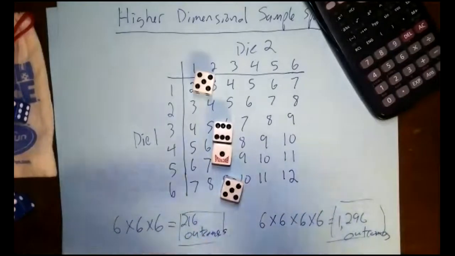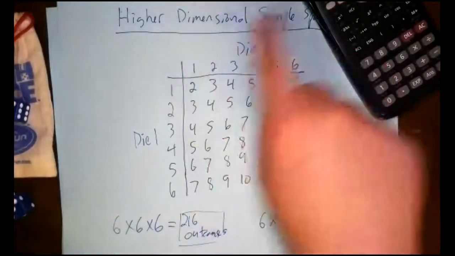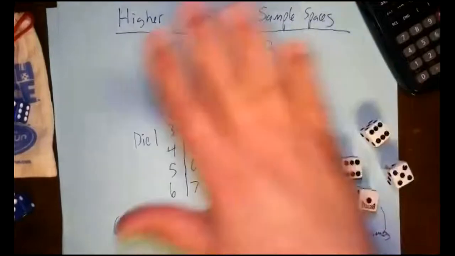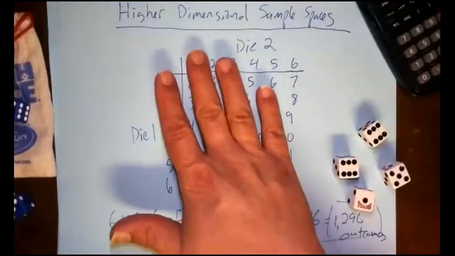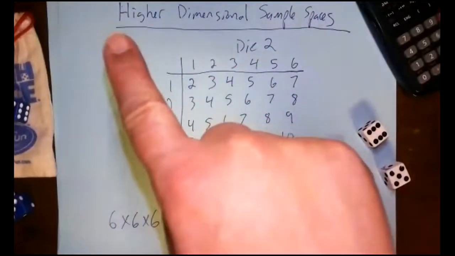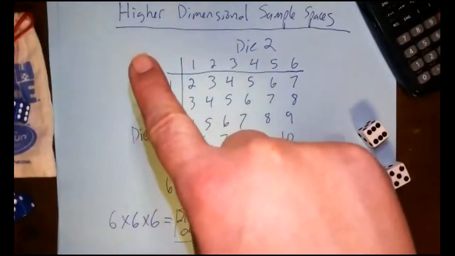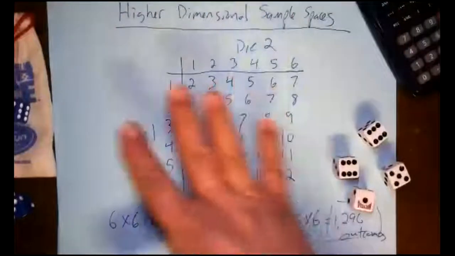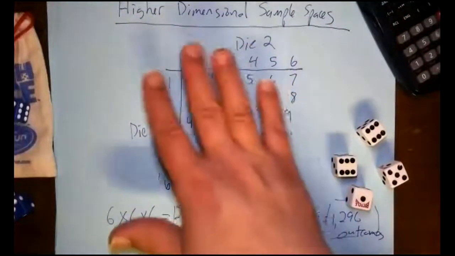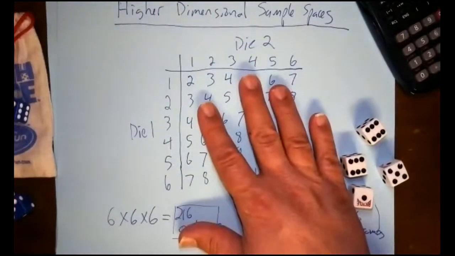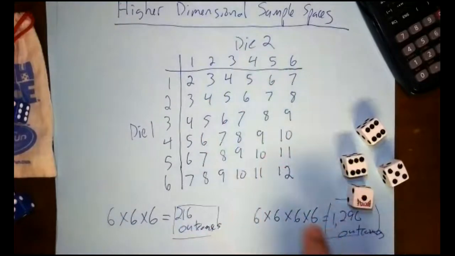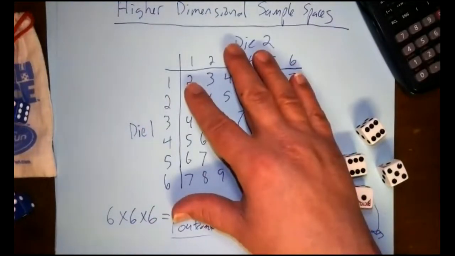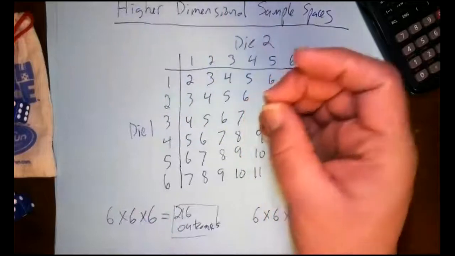But now how could you lay out the sample space? You already have the 3rd dimension being the 3rd dice. Where would you put the 4th dimension? Well, our space only contains these 3 dimensions. So you would have a 4-dimensional sample space, and you couldn't even picture it.